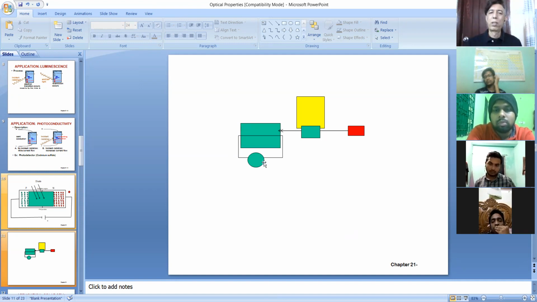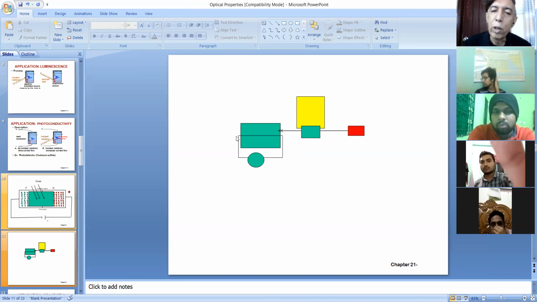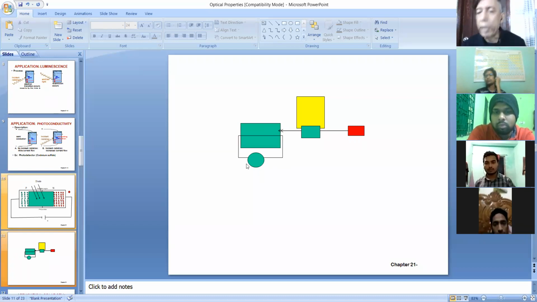So if anybody wants to enter your house, you will find an alarm crying. Why? Because this thief is obstructing this infrared light, and you are not getting any current here. So the alarm is crying that I am not getting any current.